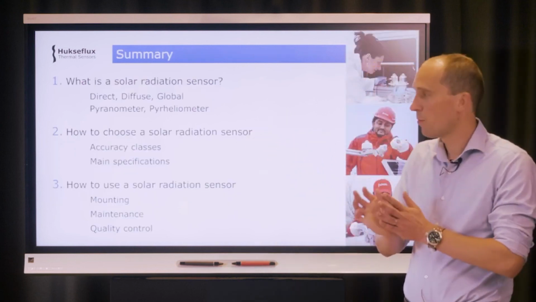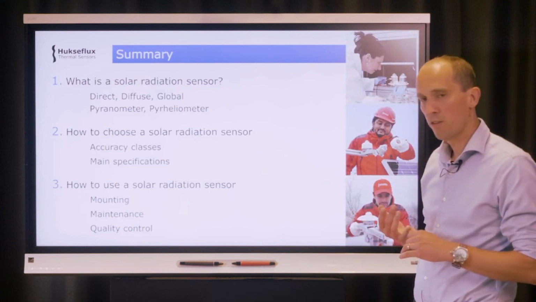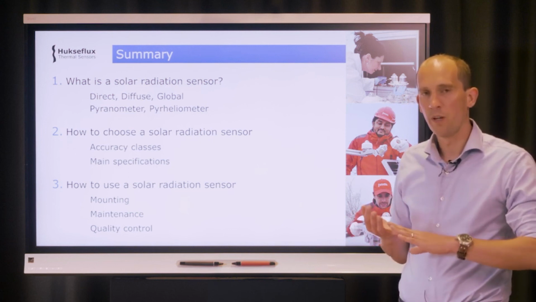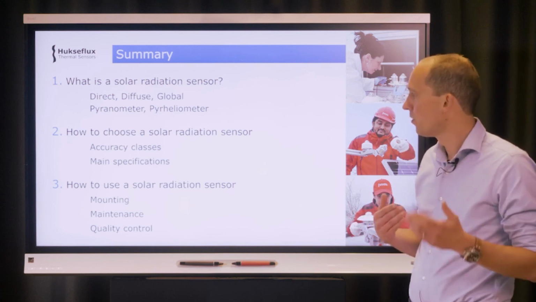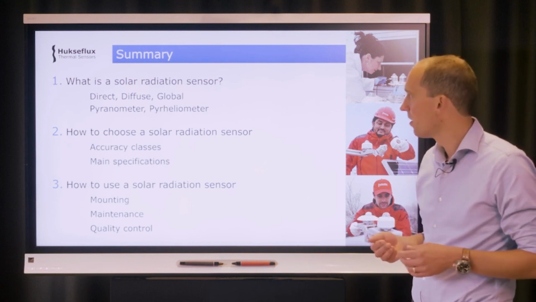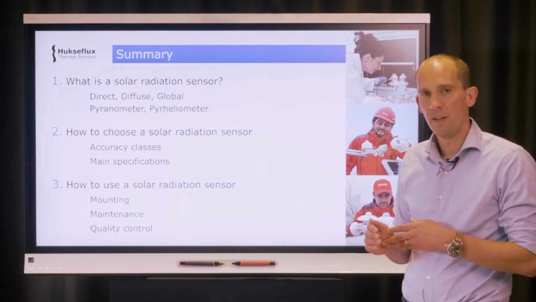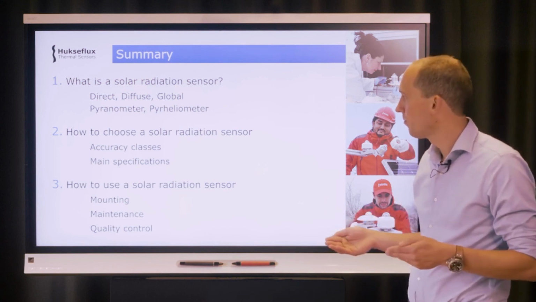Okay, to summarize this presentation, we covered three main subjects. First, I tried to explain what a solar radiation sensor is and what solar radiation itself is. We introduced the concepts of direct, diffuse and global irradiance. And I have explained what a pyranometer is and what a pyrheliometer is.